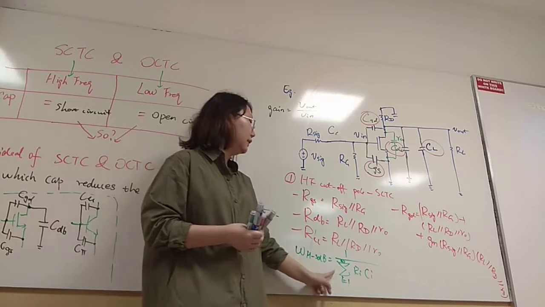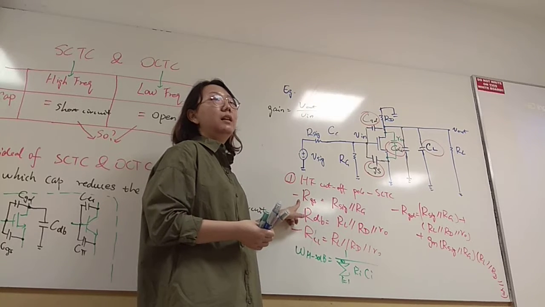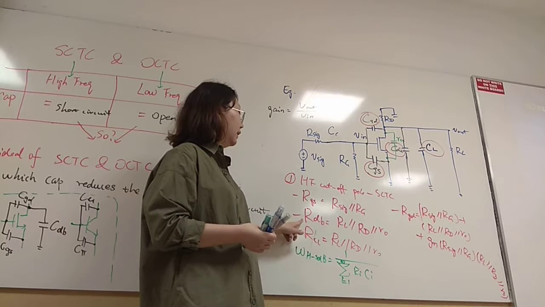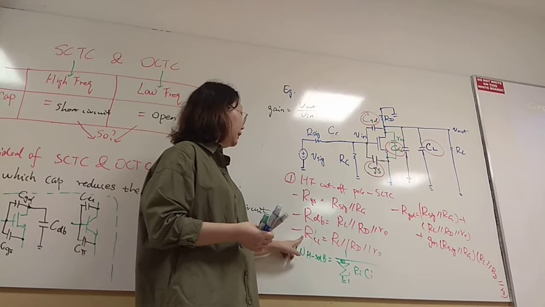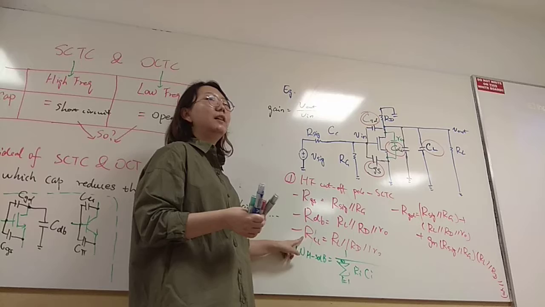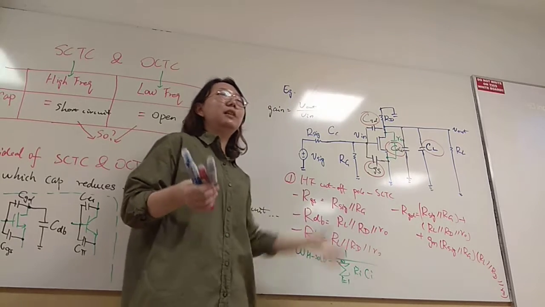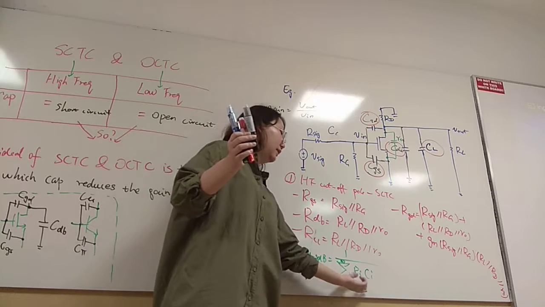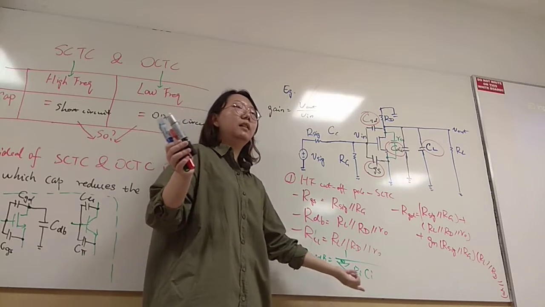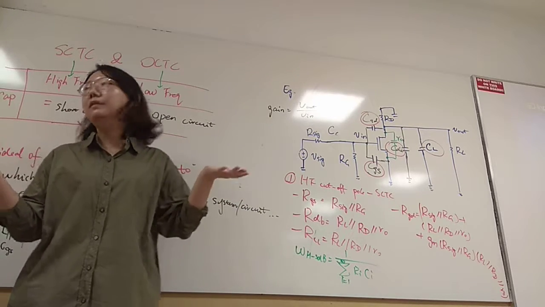So if you write out this equation, it's basically RGS times CGS plus RDB times CDB plus RCL times CL, then plus CGD times RGD. You just multiply each pair, then add them together, then put them as the denominator. That's all. Then you get your high cutoff frequency.